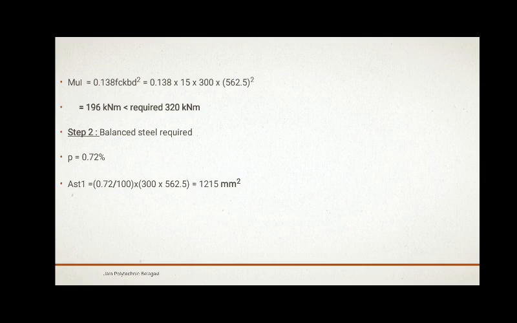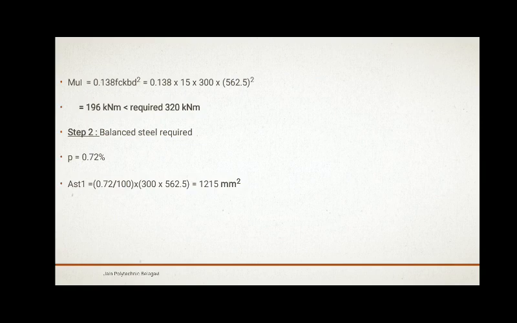Next step, we determine balanced steel required. So p is equal to 0.72%, that is percentage of steel. So Ast1 is equal to 0.72 by 100 into 300 into 562.5.